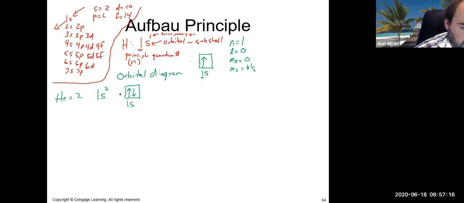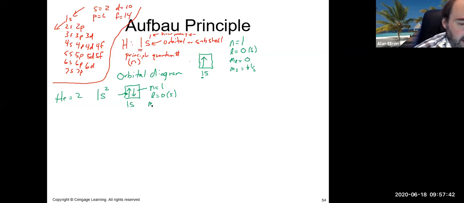I won't redo the 4 quantum numbers for the first electron since it's above, but let's do the 4 quantum numbers for the second electron. The second electron, n would equal 1. Again, it's still on the first energy level. L would equal 0. Again, the 0 represents an s orbital, right? So that is what we're dealing with here.